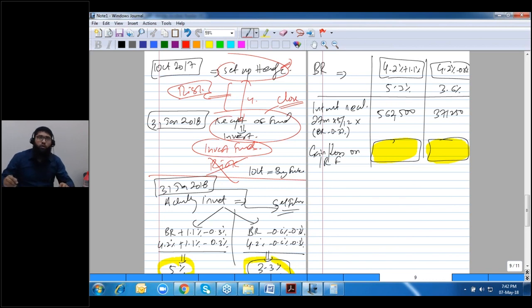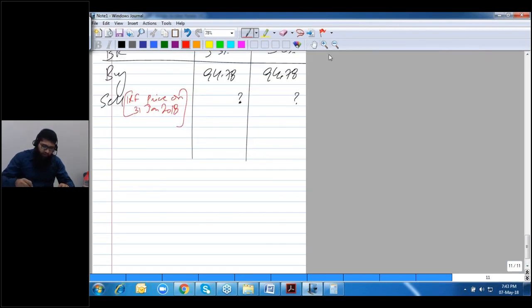Okay, now let's see how the gain or loss on interest rate future is going to be calculated. We have already bought the interest rate future.